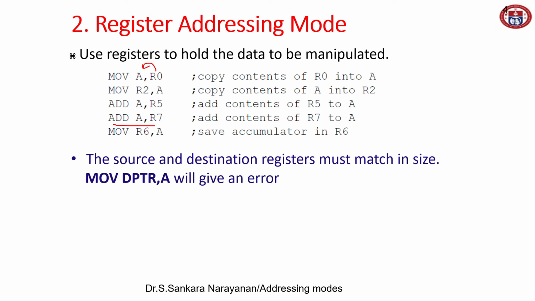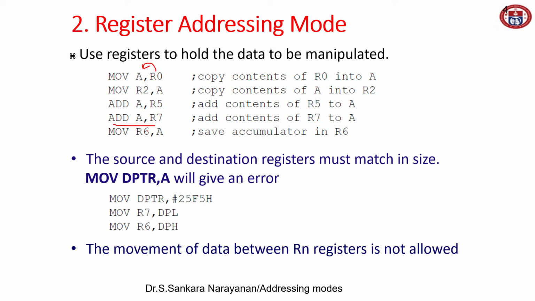Suppose we write MOV DPTR, A, it will give an error, because the accumulator is an 8-bit register but DPTR is a 16-bit register. The movement of data between registers is not allowed in register addressing mode.